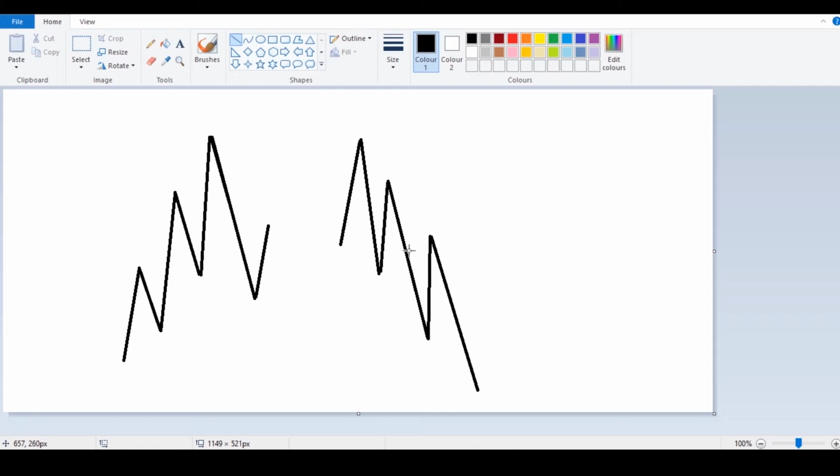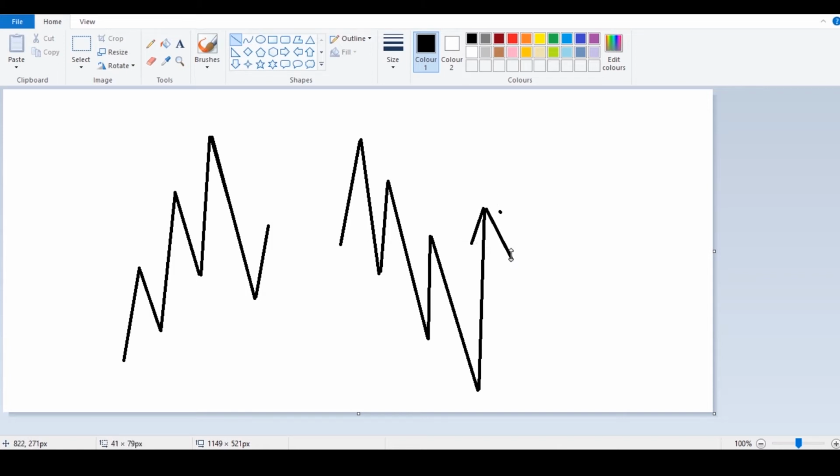And then it'll come down and then your next low will be lower than the previous one. And then it'll come up and your next high will be lower than the previous one. Now the minute price goes up and goes higher than the previous high, we are no longer in a trend.